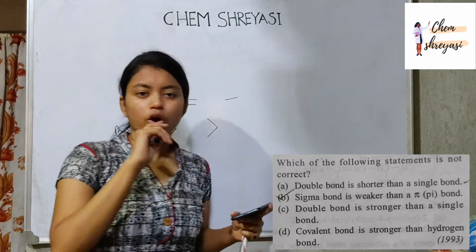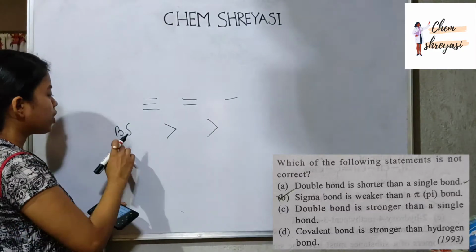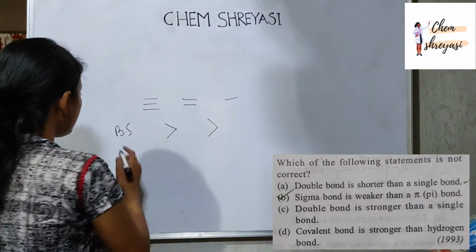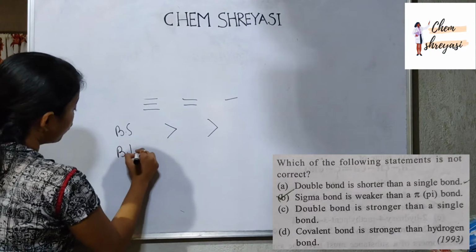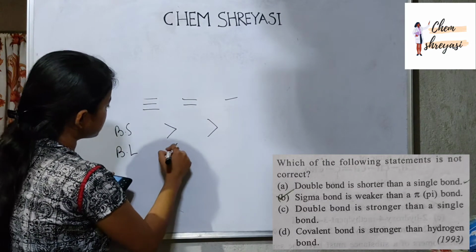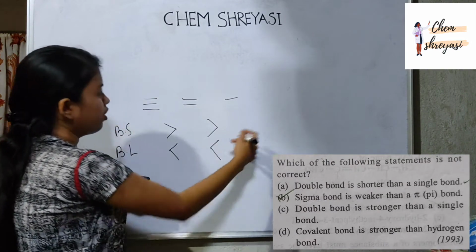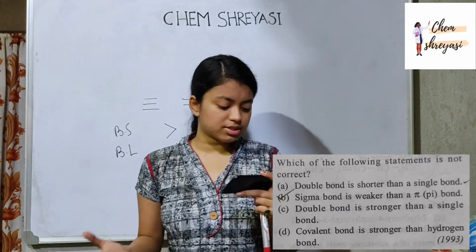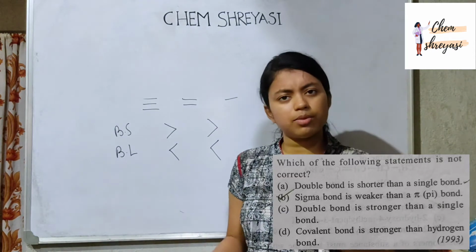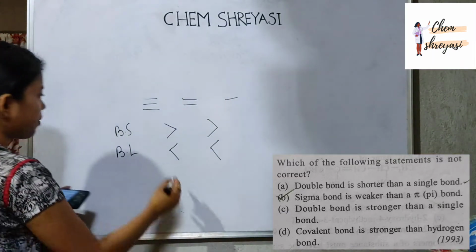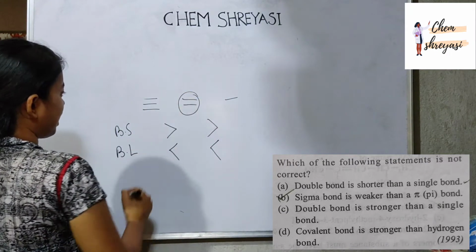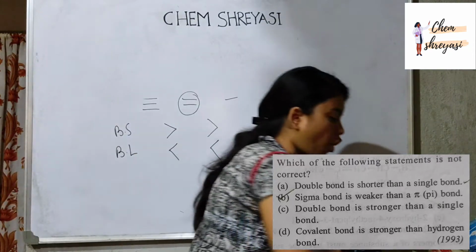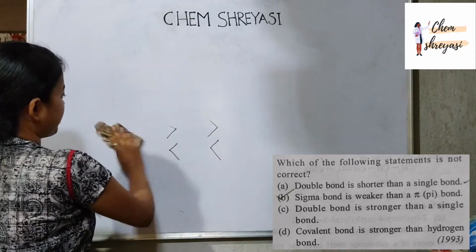So, if the bond strength is highest in triple bond, then double bond, then single bond, the bond length will be shortest in the triple bond, then double bond, then single bond. Because the double bond has the higher bond strength, that's why the double bond is shorter than the single bond. So, option A is definitely correct.